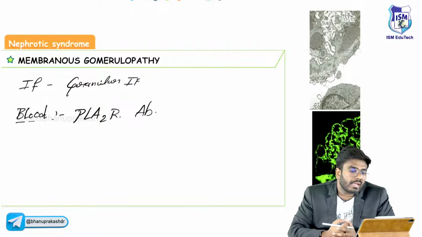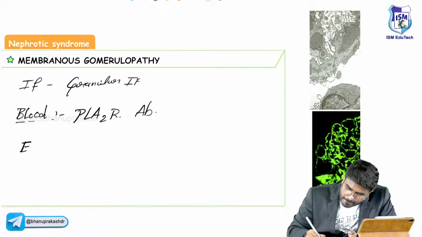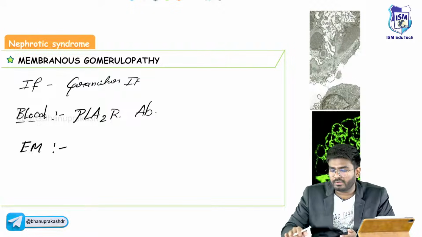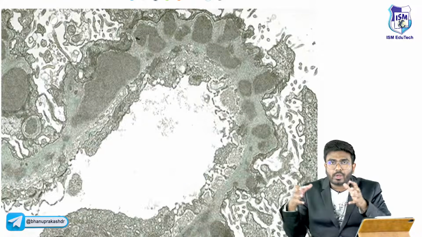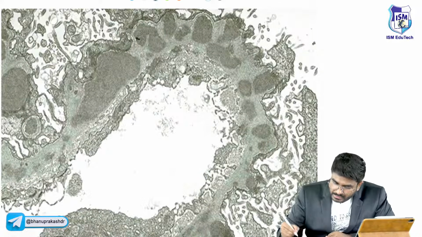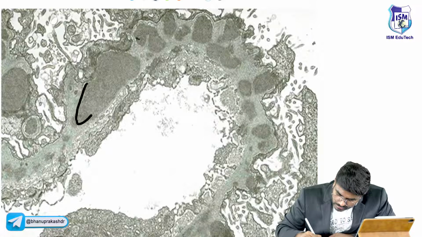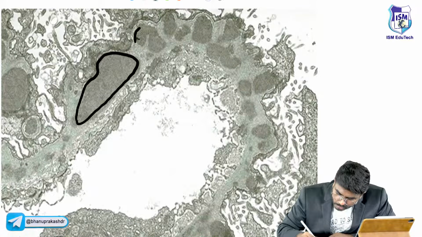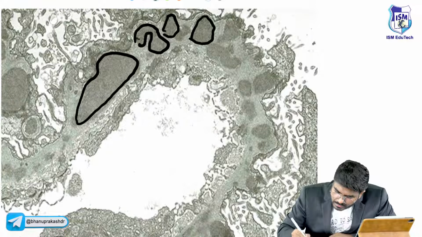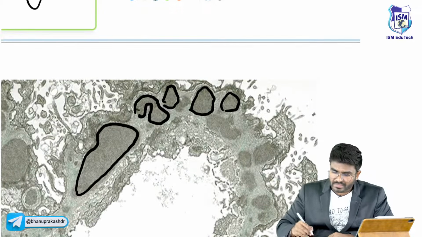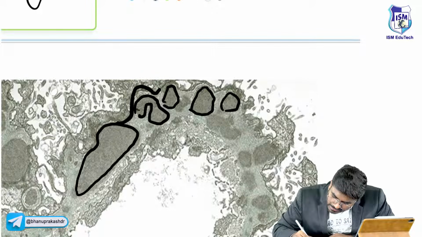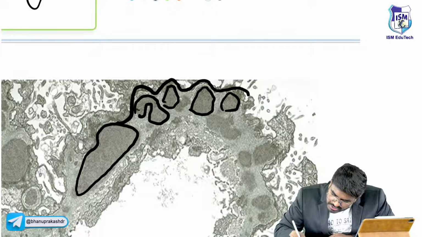Under electron microscopy, what is seen? Because the immune complexes are deposited, the antibodies are going and attacking the phospholipase A2. In the glomerular basement membrane, are you able to look at these immune complexes? All these are the immune complexes. Are you able to appreciate this pattern?